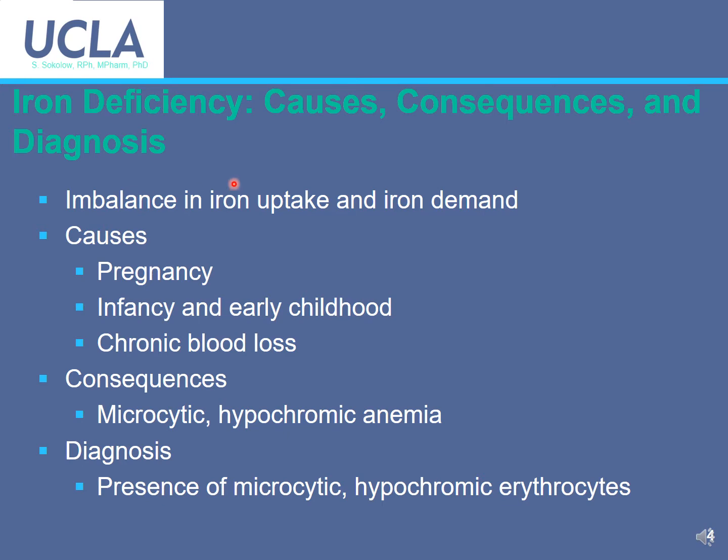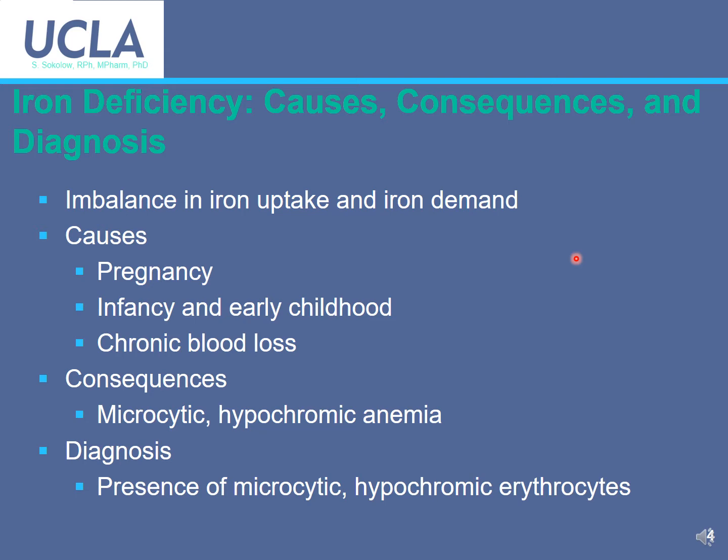So as I said previously, the cause is an imbalance between iron uptake and iron demand. It's more common in women than in men. One of the primary causes is pregnancy, because the body changes, and the need for blood flow for the fetus is high.